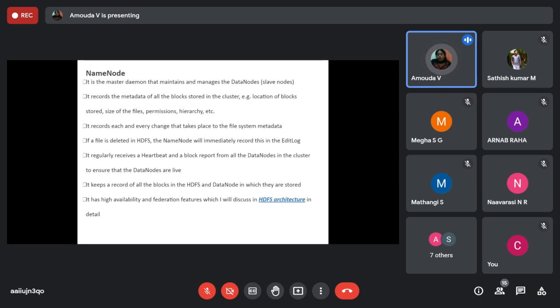And it records the metadata. Can you say what metadata is? It is data about the data.